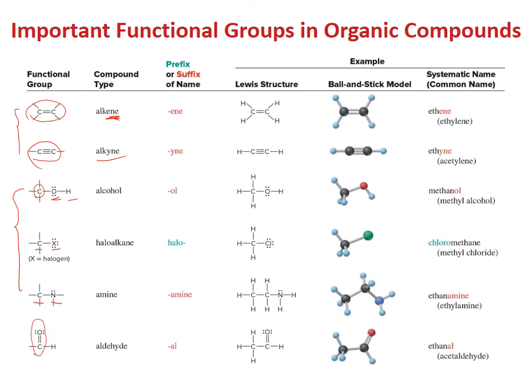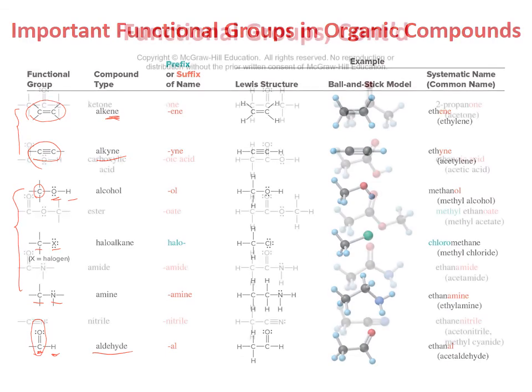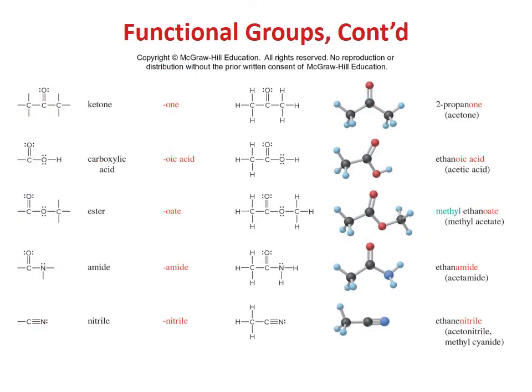CO double bond is called carbonyl. When the carbonyl carbon bonds to one or two hydrogens, it's called an aldehyde. When both sides of the carbonyl carbon are carbon atoms, with no hydrogen attached to the carbonyl carbon, the functional group is a ketone. When the carbonyl carbon bonds to an oxygen with hydrogen, a hydroxide, the functional group is called a carboxylic acid.